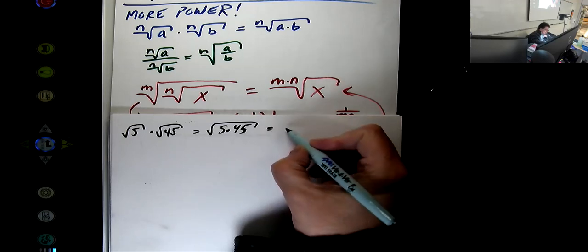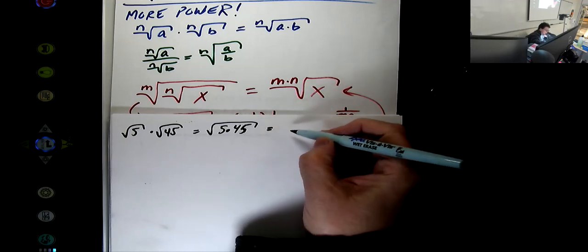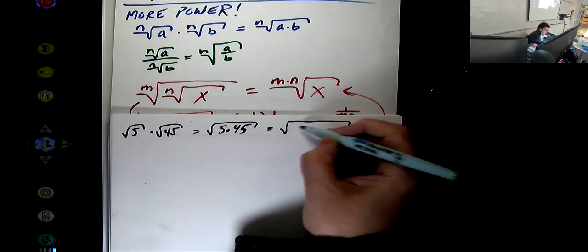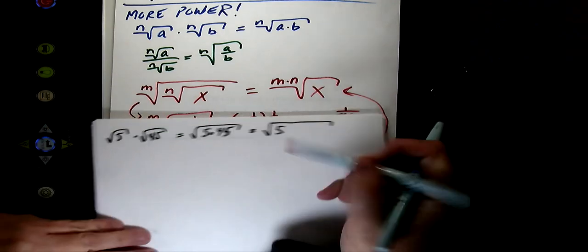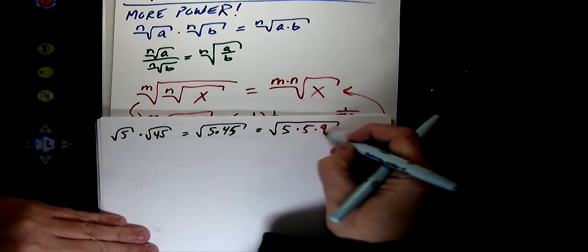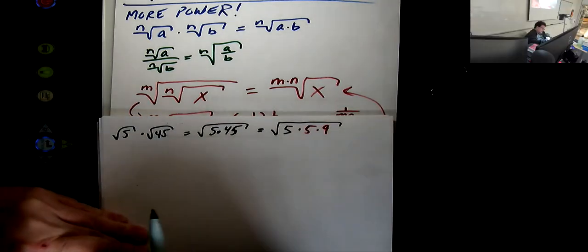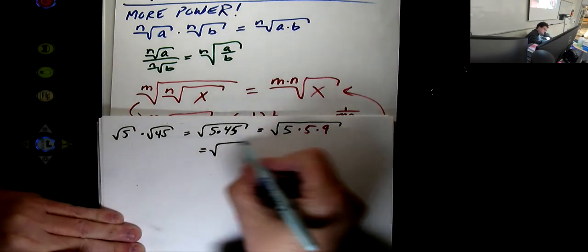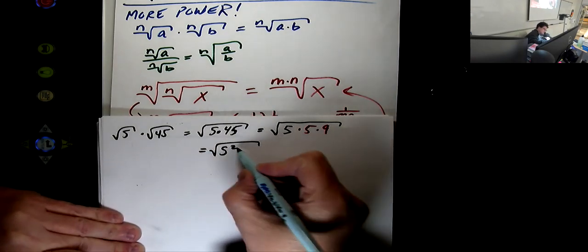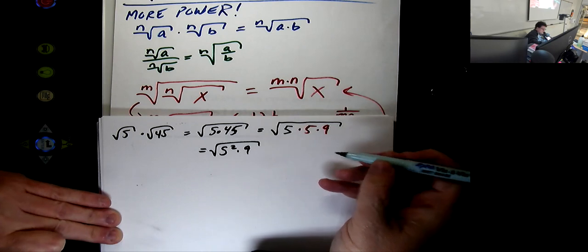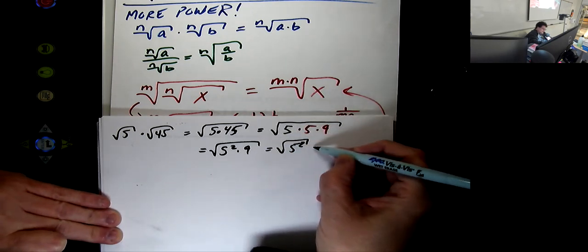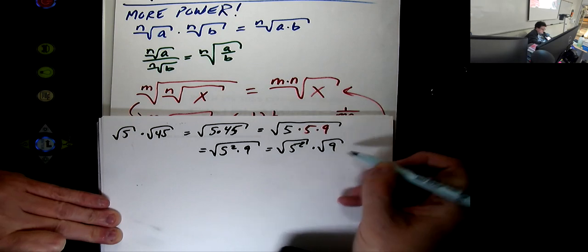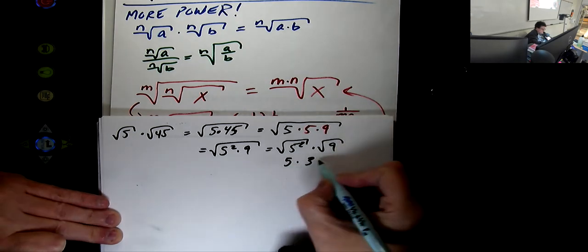Because what's 45 if I break that down in terms of numbers from the times table? It's 5 times 9, right? So I've got a square root of 5 squared times 9. Square root of 5 squared times the square root of 9. 5 times 3 is 15.